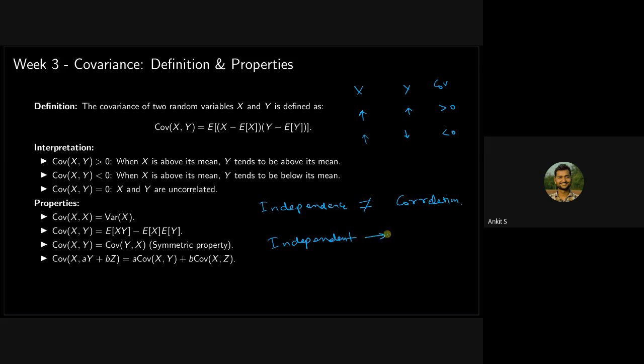But if two random variables are uncorrelated, it does not imply that they are independent. They may be independent, or may not be.